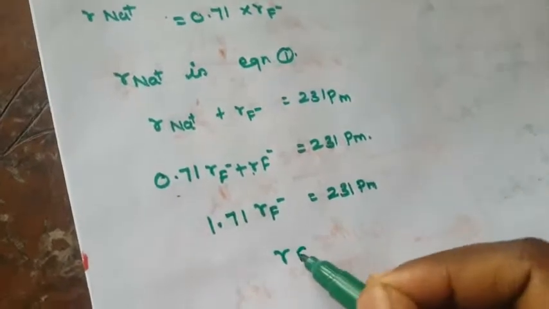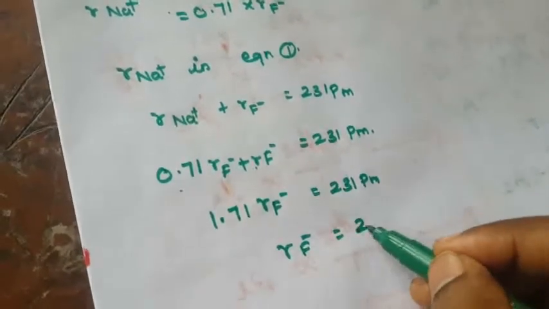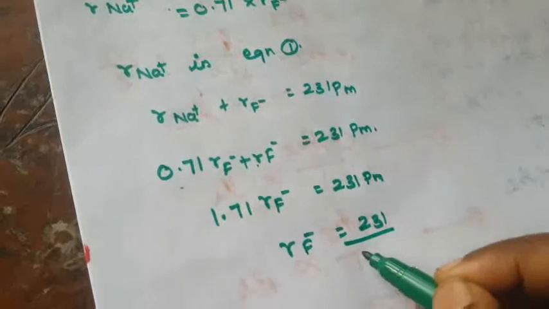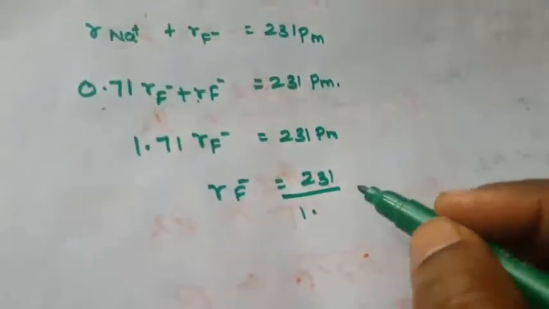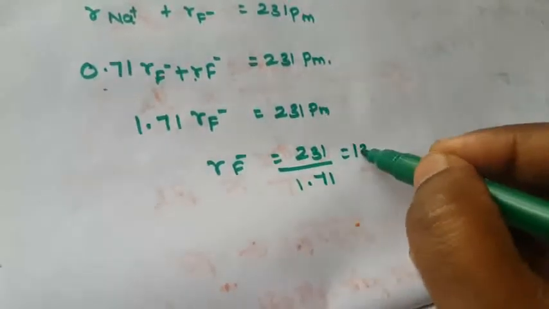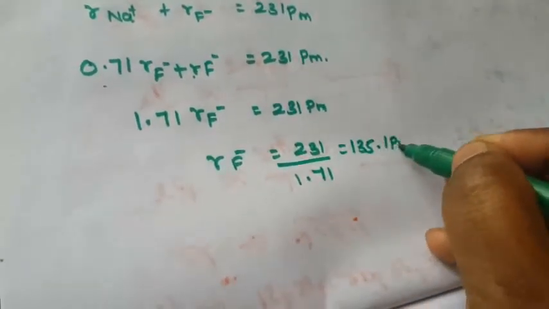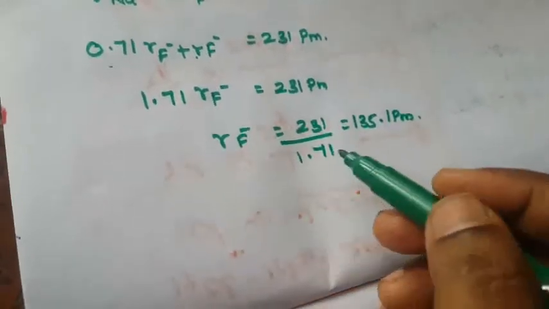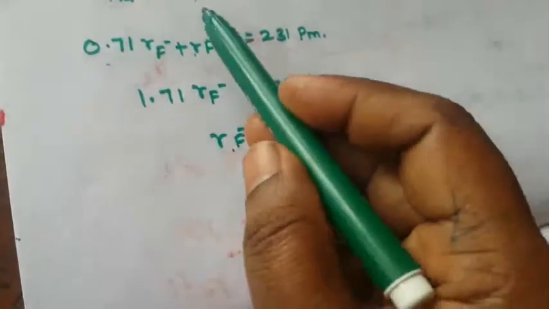Radius of F minus equals 231 divided by 1.71, which is 135.1 pm.